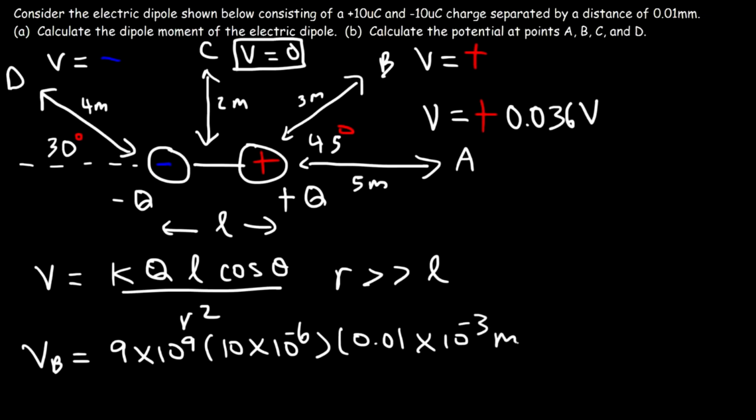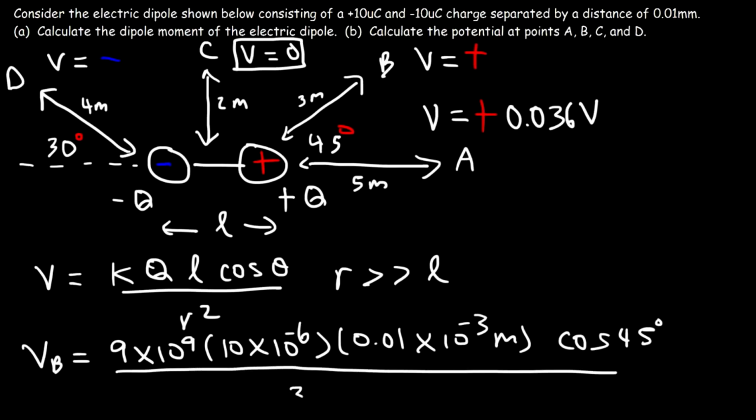Now the only thing that's different is the angle. It's 45 degrees, so we need to use cosine 45, and R is different as well, so it's 3 meters. So go ahead and plug that in.